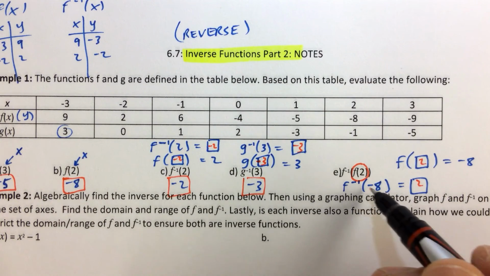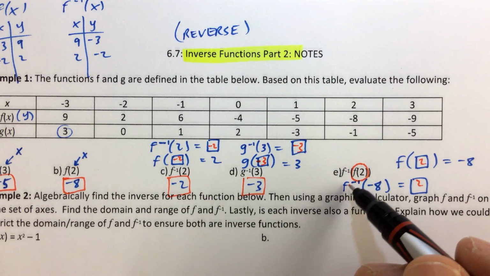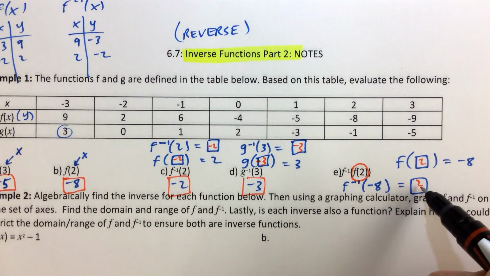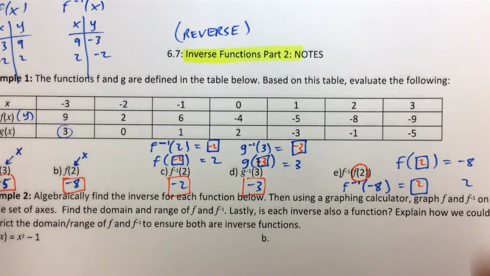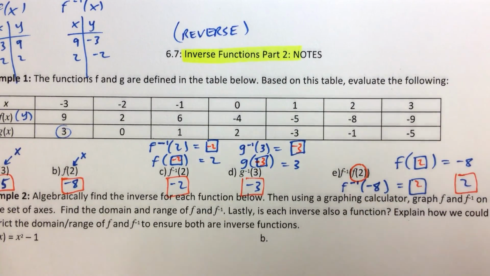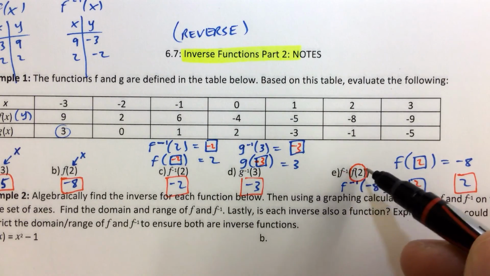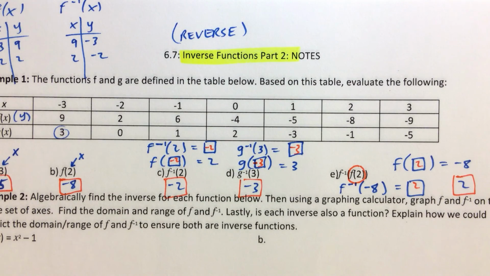So therefore, since f of 2 is negative 8, f inverse of negative 8 happens to be 2. And so there's our answer. So 2 is the value of f inverse of f of 2. And that's how inverse functions work anyway. F inverse of f of anything is that anything. And we'll pick up example 2 in the next video.